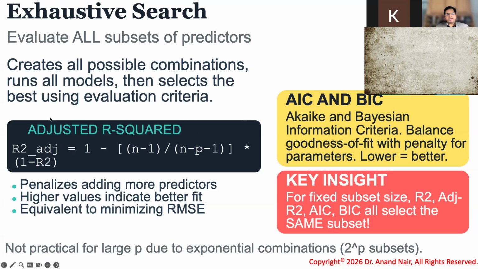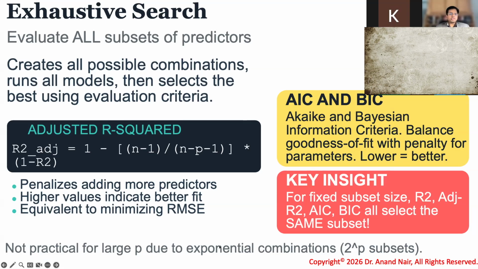It looks at whether adjusted R-square has gone up in a certain model. That would be a good model. And have the AIC and BIC gone down? Because lower AIC and BIC indicates a better model. So we look at those models which have high adjusted R-square and low AIC and BIC and choose that subset of models.